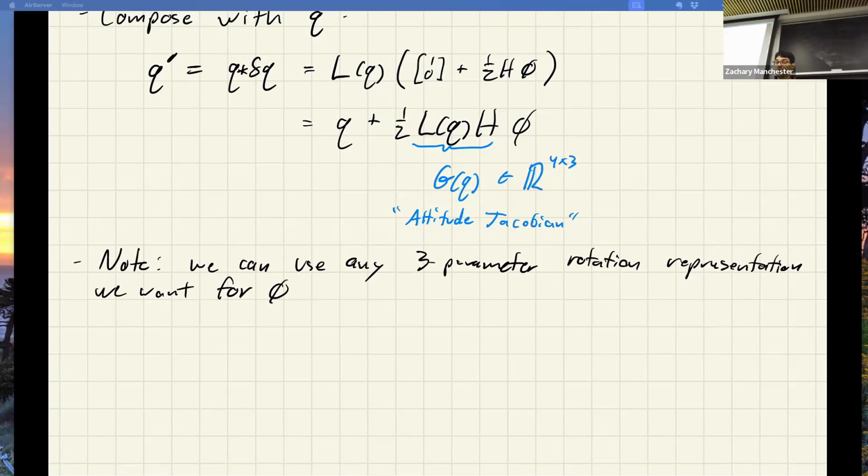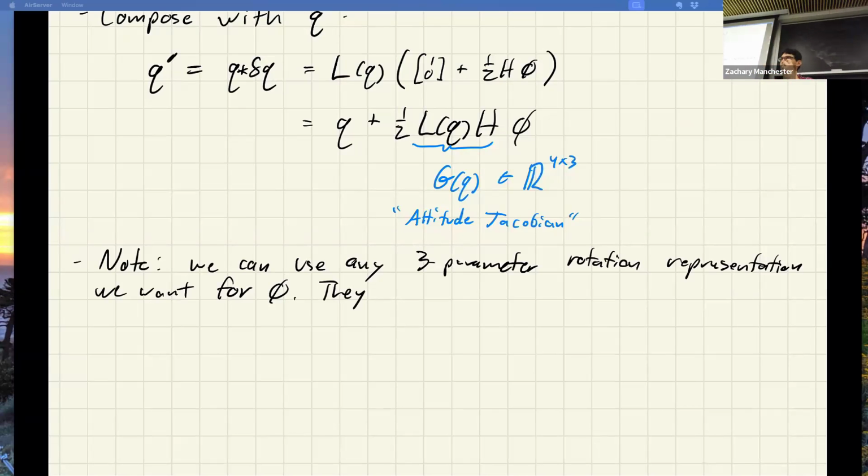It turns out they all linearize the same way, which is kind of interesting. There's some deeper group theory thing happening there. But in principle, you can use any one you want, and that attitude Jacobian doesn't really change, at least not up to some weird permutation or scaling.